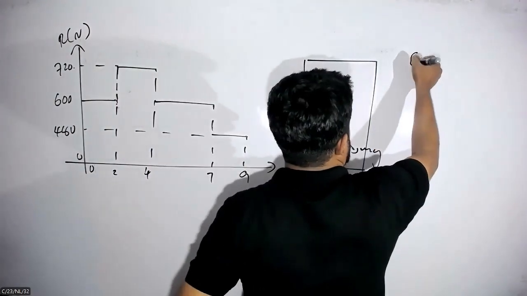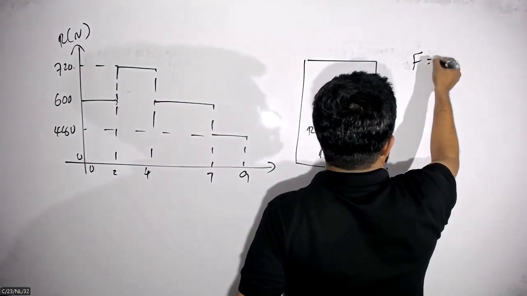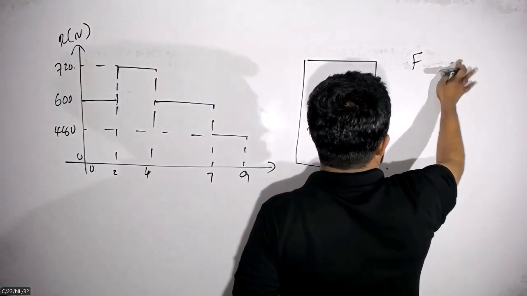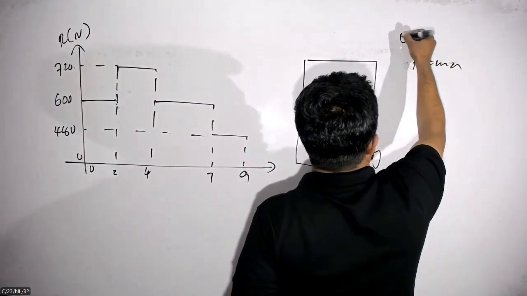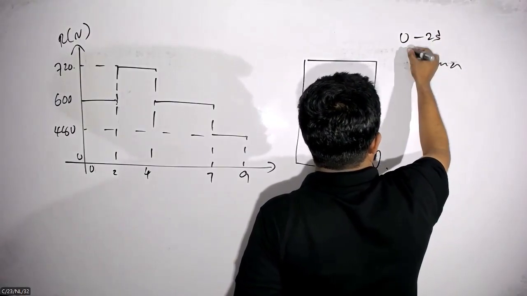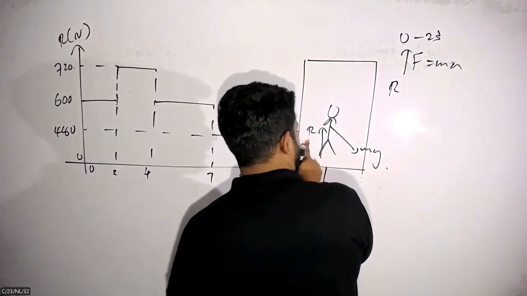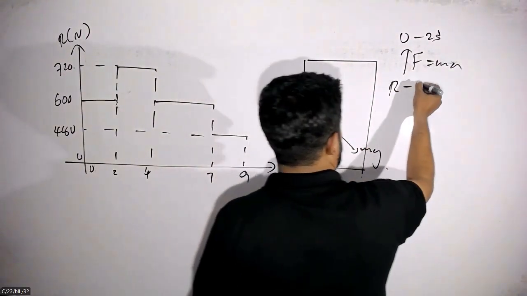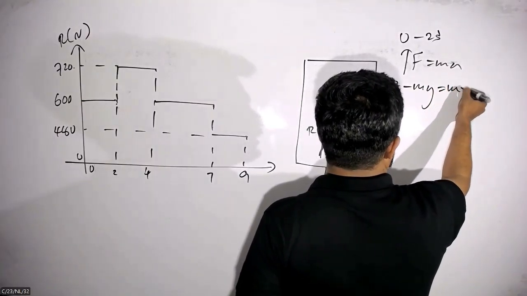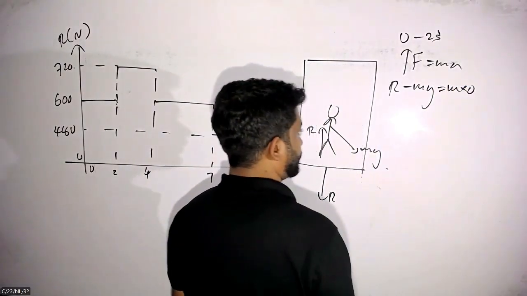Let's see. You can apply F equals ma for the motion of the man, 0 to 2 seconds. Right? There are two forces, normal reaction and mg. R minus mg is equal to acceleration 0.